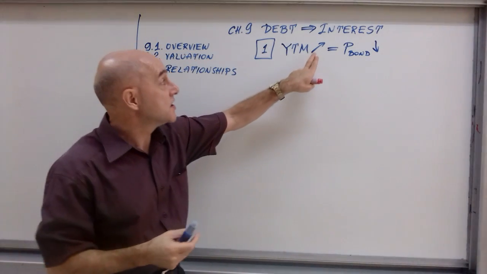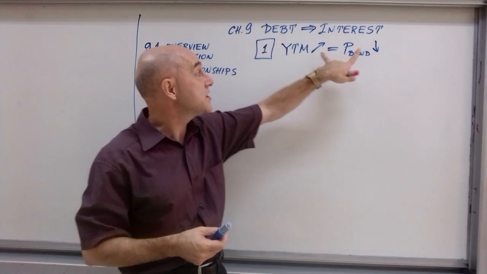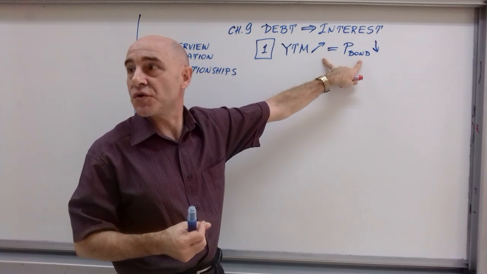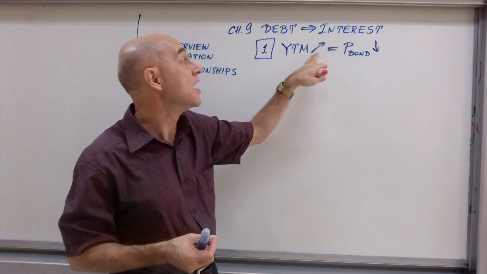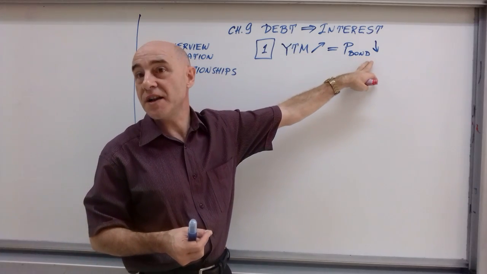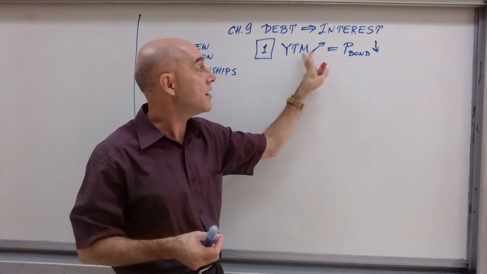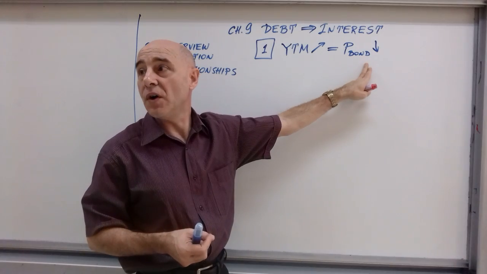Because this is up and this is down, we say that there is an inverse relationship between yields and prices. When yields rise, prices fall.